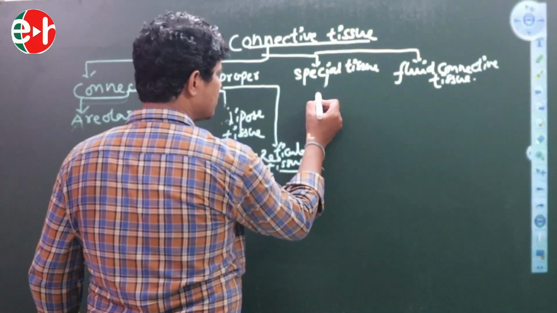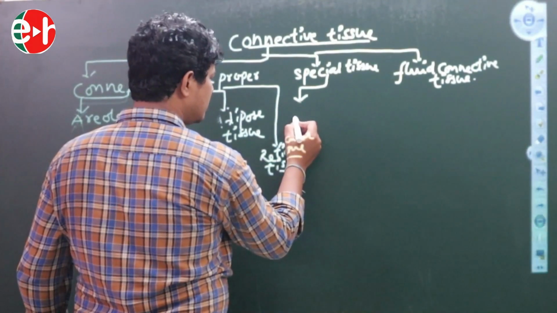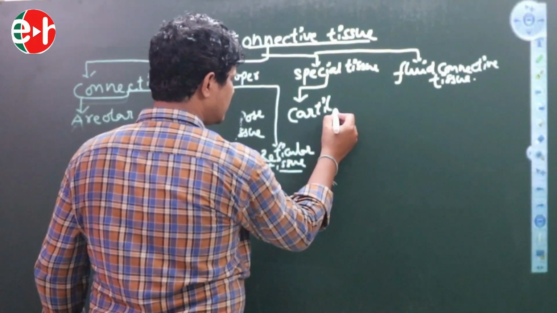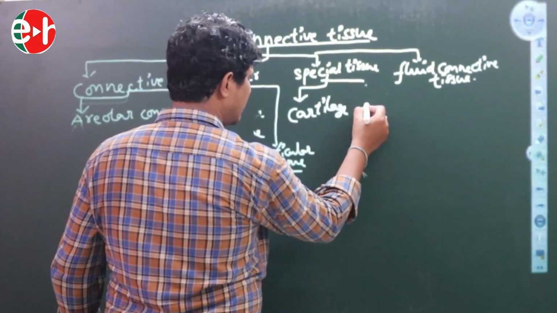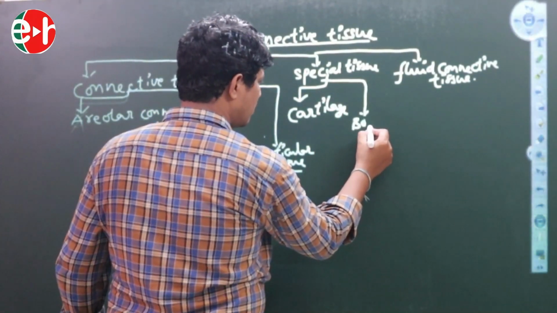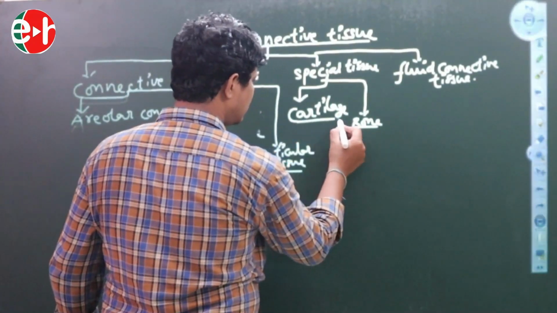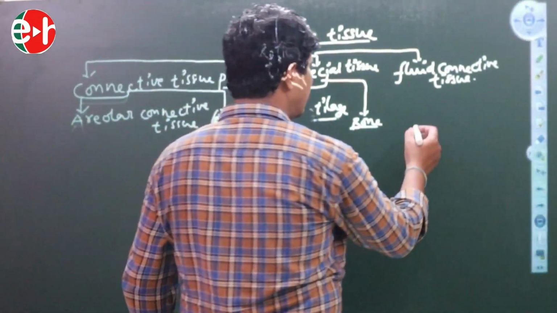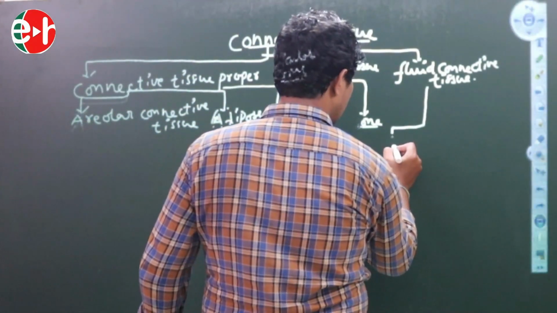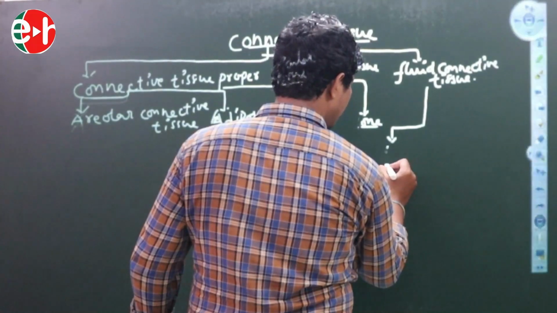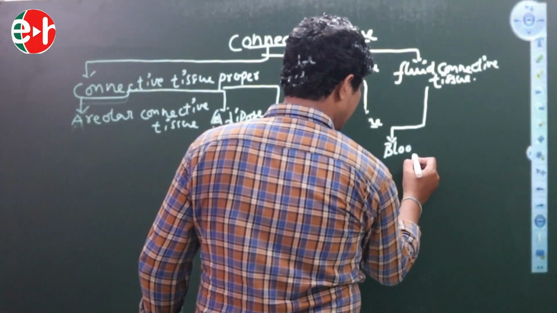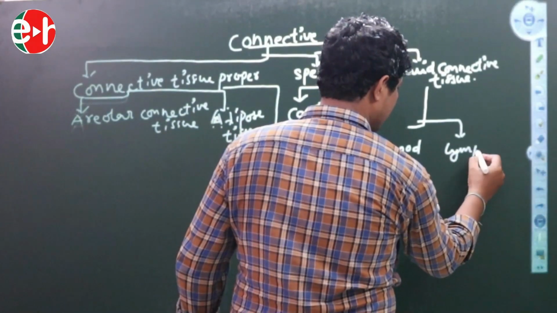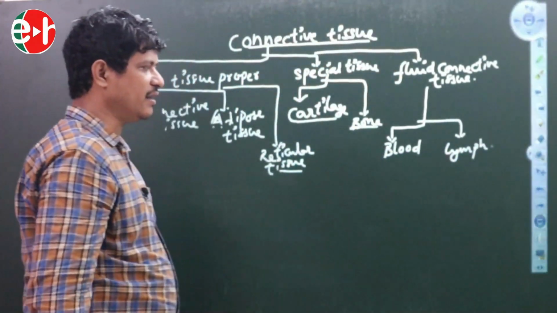Whereas the special connective tissue is divided into cartilage and bone. These are the two types. Fluid connective tissue has blood and lymph.